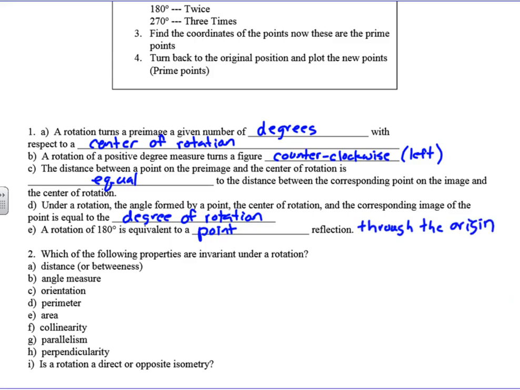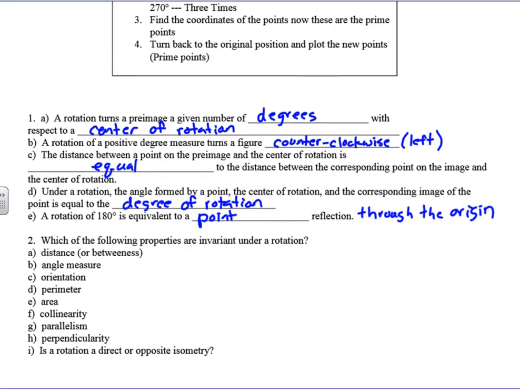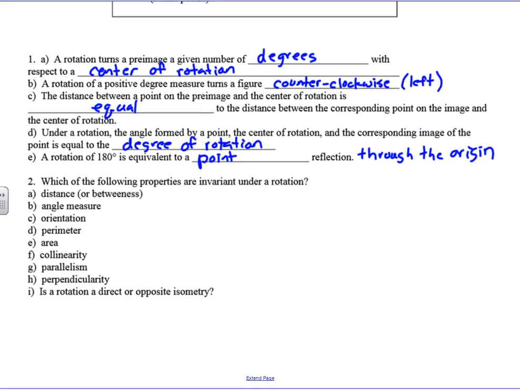Okay. All right, so which of the following are invariant? Again, invariant means doesn't change. Distance, yes. It's a rigid motion. Angle measure, yes. Orientation, yes. That's a tricky one. People forget that. But the order of the letters is still the same, even though it kind of gets turned. Perimeter is yes.